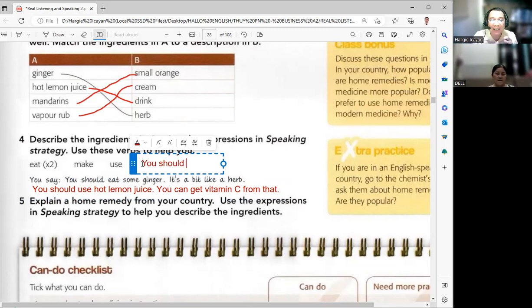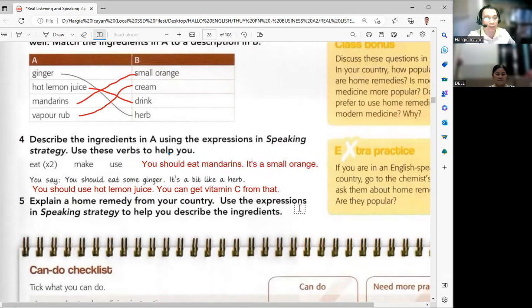What do we do with the mandarin? Eat. Yes, we should eat. Very good. So we should eat mandarins. It's a small orange. Good.